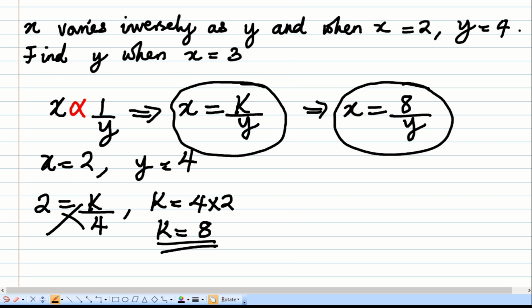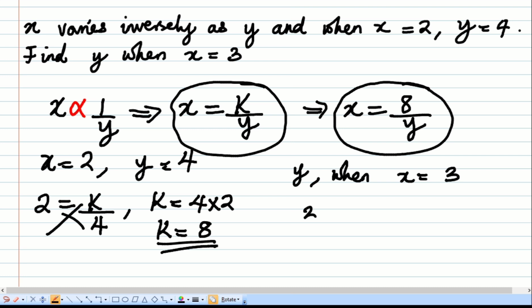Now when you find this equation connecting x and y, you can now use it to solve the question that was asked. You see the question asked in this one is find y when x is equal to 3. So we're looking for the value of y when x is equal to 3. All we need to do is just substitute the value of x as 3.